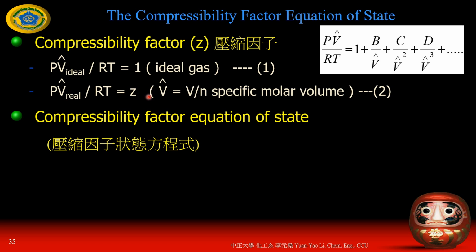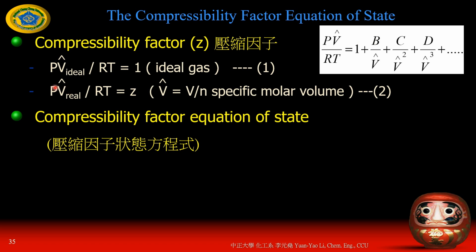Why? Because as you can see, in the virial equation of state, if this is not 1, you have term B and term C and term D here, right? So that means this is not an ideal equation of state. If you put this all together, you might regard this as one term, which we use Z to represent.